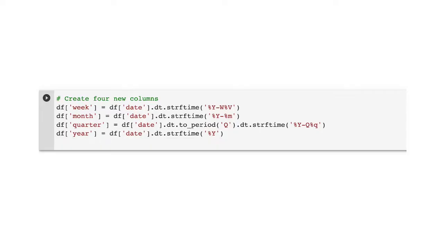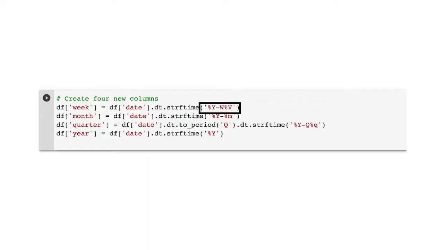With the first line of code, we're creating a column week by taking the data in the date column and using the function strftime. This function from the datetime package formats our datetime data into new strings. In this case, we want the year followed by a dash and the number of weeks out of 52. If we want that string, we need to code it as %Y-W%V.